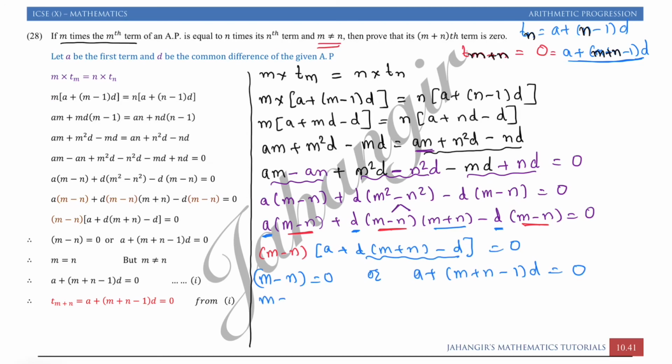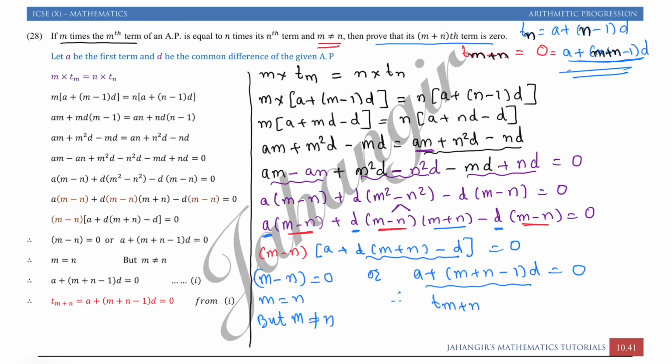So here I will get m equal to n, but m is not equal to n, which is given in the question. So therefore, what is this value? This value I had already written as T of m plus n. We have to prove that the (m plus n)th term, T of m plus n, is 0.